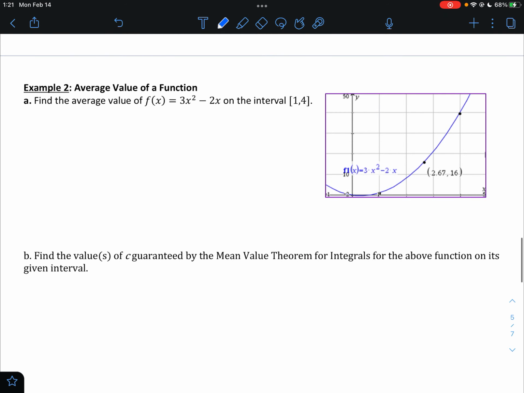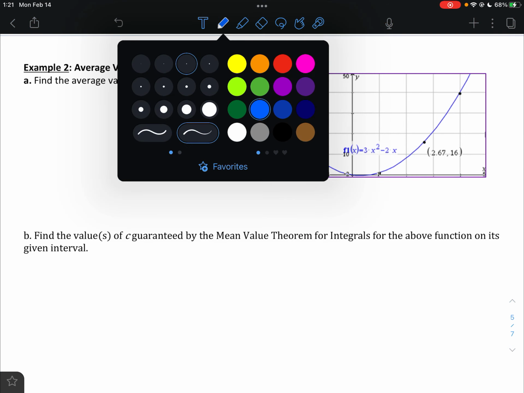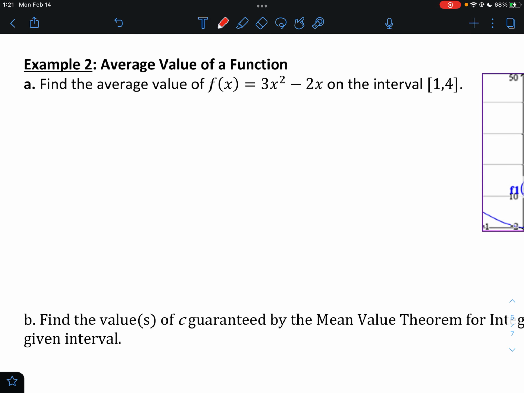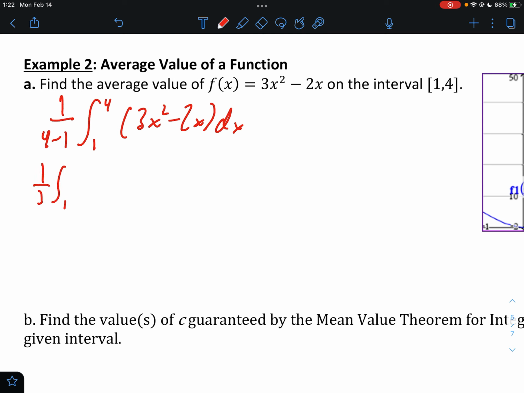All right, question 2. Find the average value of f on the interval 1 to 4. So again, we're going to do 1 over b minus a, integral from 1 to 4, f of x dx. So that's 1 over 3, integral from 1 to 4.